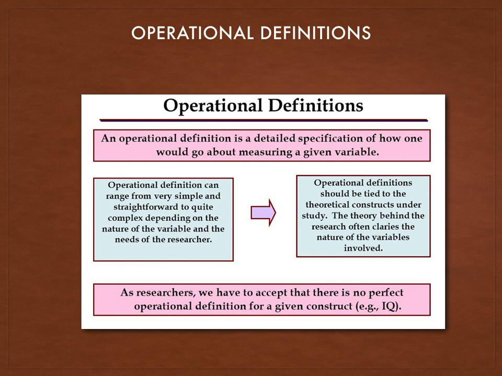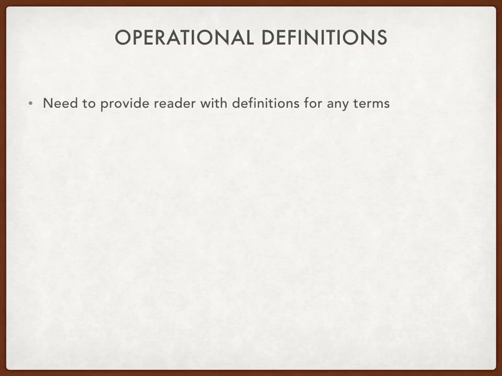Operational definitions should be tied to the theoretical constructs under study. The theory behind the research often clarifies the nature of the variables involved. Again, as I said earlier, we need to provide a reader with definitions for any term.